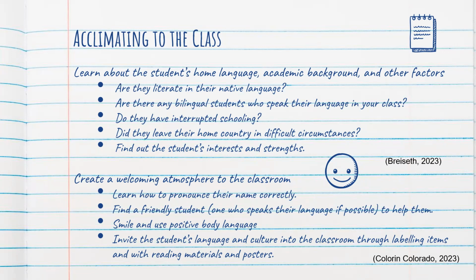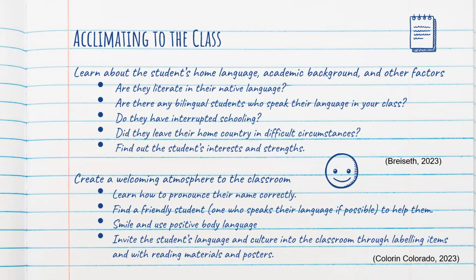And one thing that I've seen our students do is they will pull up Google Translate on a Chromebook and communicate between themselves. The American student types in what they want to say and it translates into the new student's native language, and then vice versa.